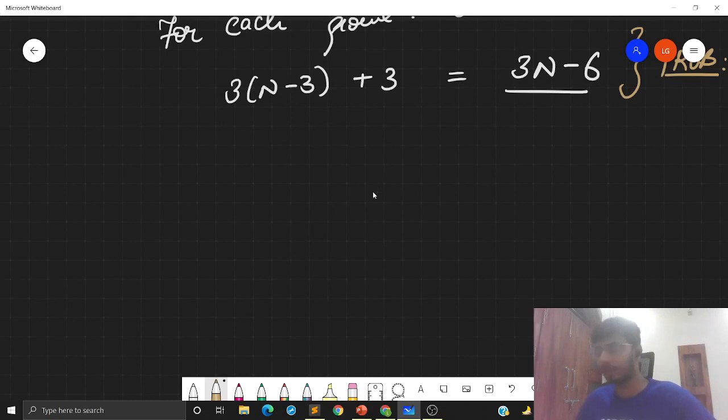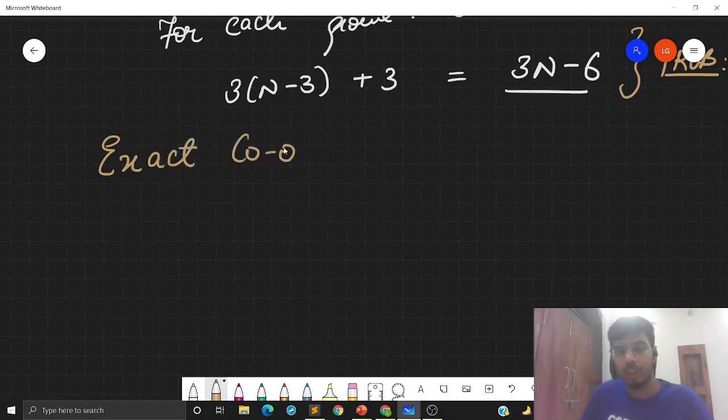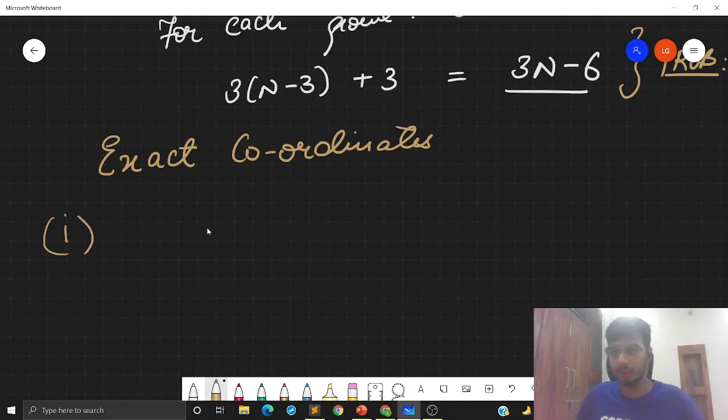So now we have solved our problem. We have got the exact coordinates of all the n points, right? Now what we can do? First, we can use a brute force approach to find out the shortest possible distance.